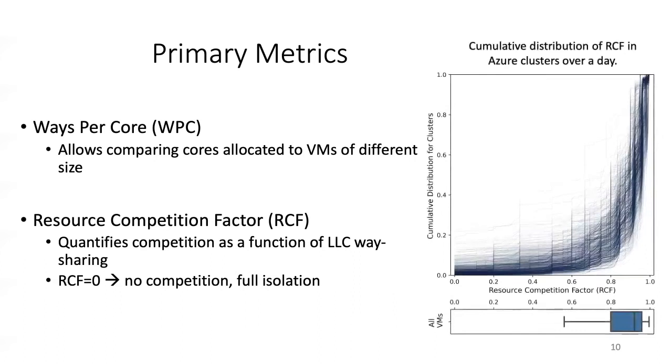On the right, you see the distribution of RCF for Azure clusters over a day. These are clusters with different hardware generations and across different parts of the world. But you can see that the pattern of competition factor is very similar between them. Majority of VMs experience RCF greater than 80%.